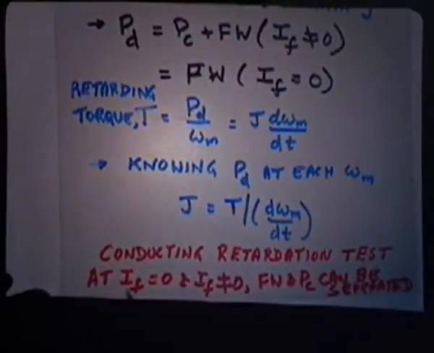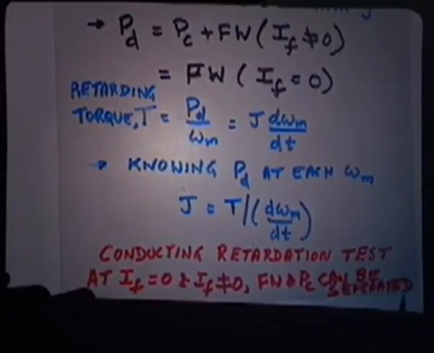And otherwise, if you have information on the inertia, by conducting the retardation test at IF equal to 0 and IF not equal to 0, we can estimate the friction windage and PC, and PC and friction windage can be separated.